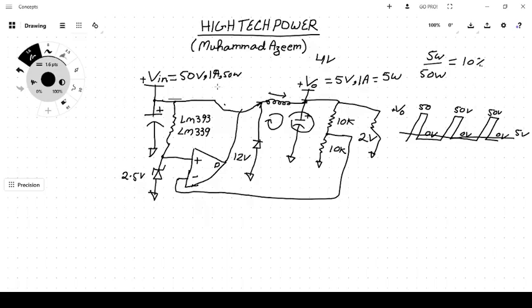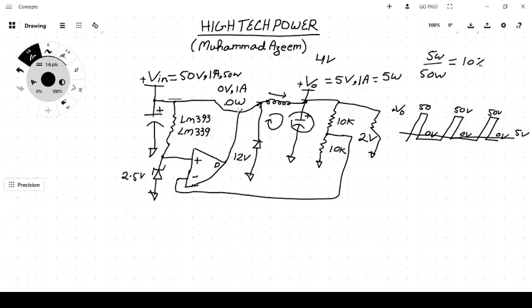Because it is fully on and in saturation state, ideally there would be 0 volt across the transistor and the current would be 1 ampere. So again 0 volt into 1 ampere, 0 watt would be dissipated inside the series pass element.